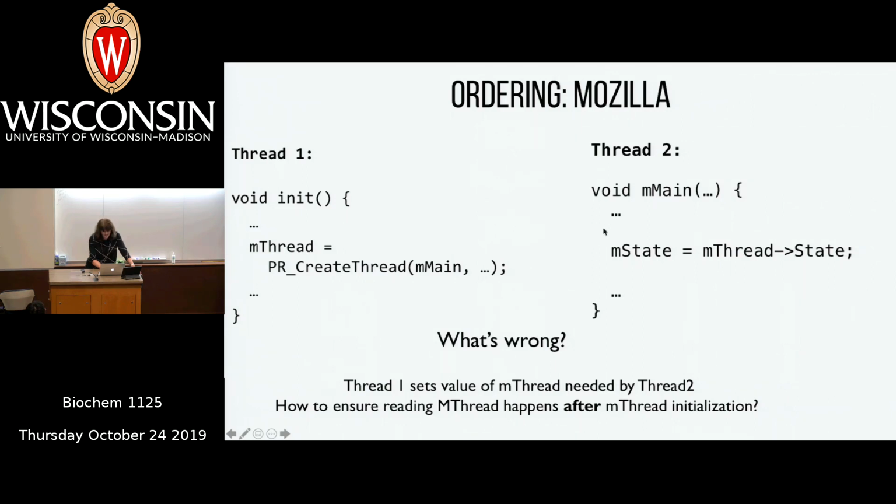But in some cases, it doesn't. And thread 2, which got started up by create thread, gets to run a little bit longer. And it dereferences mThread before it's been set. So we would have a seg fault in that case. So we need to make sure that that assignment happens before the dereference over in this thread. And we can fix that ordering constraint with condition variables.